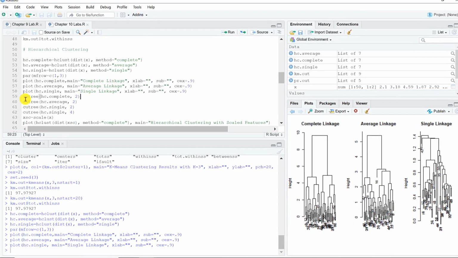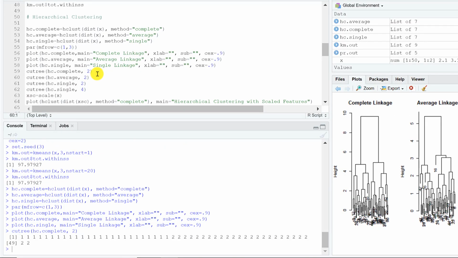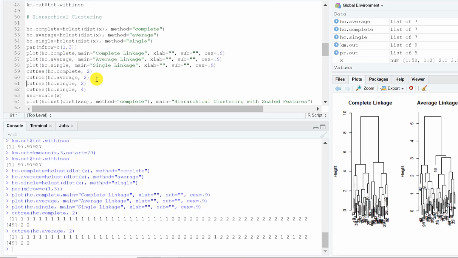So we can cut the tree and then see what we get when we cut the tree. So we can cut the tree for the complete linkage, and we see we get perfect results, 25 1s and 25 2s. For the average linkage, we cut it at the height where there's 2 branches, and we get perfect classification.